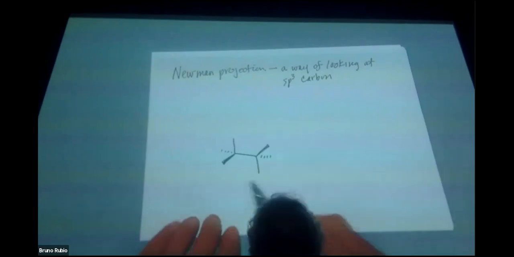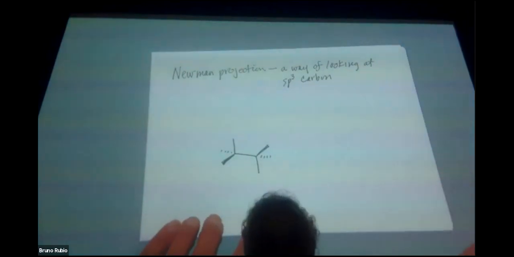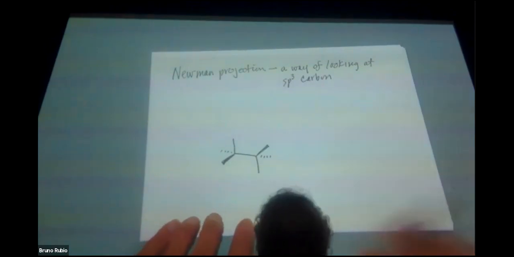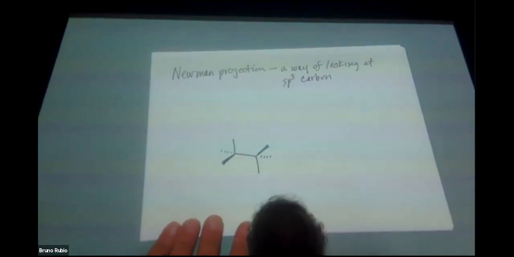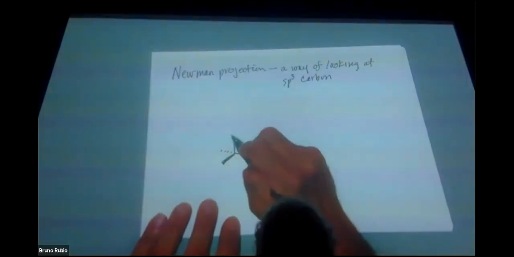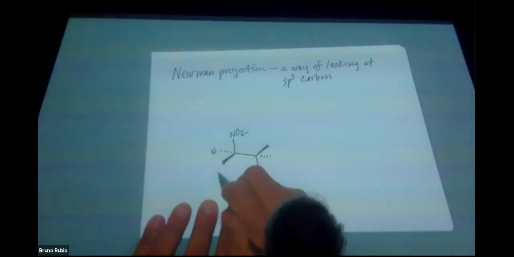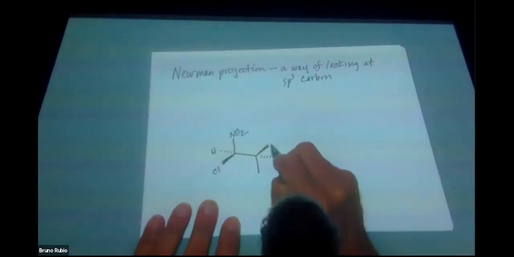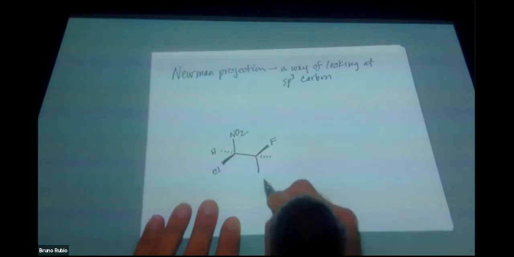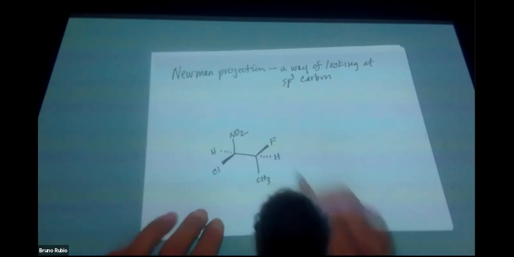That's the dash and wedge picture we've been using up to now. Now let's decorate this molecule with all kinds of substituents: maybe an NO2 group up here, a hydrogen there, a Cl there, an F there, a methyl group there, and a hydrogen over here.